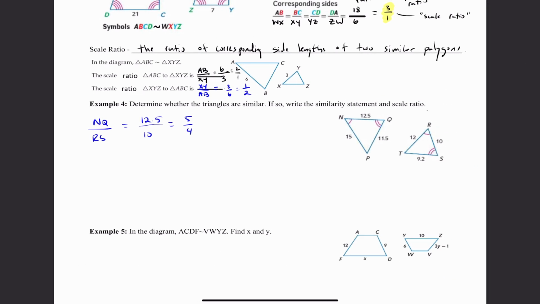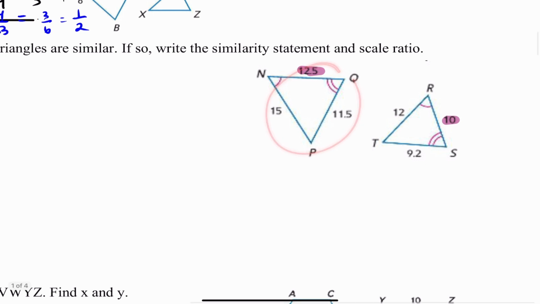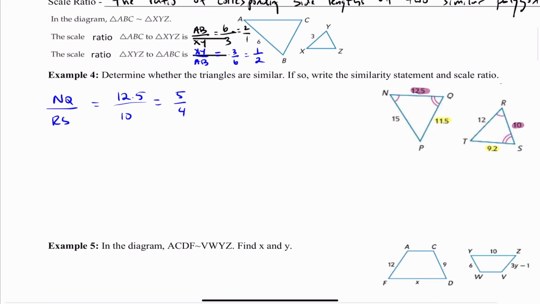So this corresponded with this, and that's my second biggest side. Let's go ahead and find the smallest side. The smallest side of this bigger triangle is 11.5, so I need to find the smallest side of this triangle, which is 9.2. So then I'm going to write QP is to TS, and QP is 12.5, we already did that.